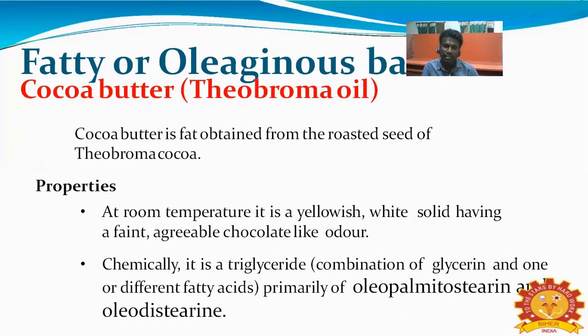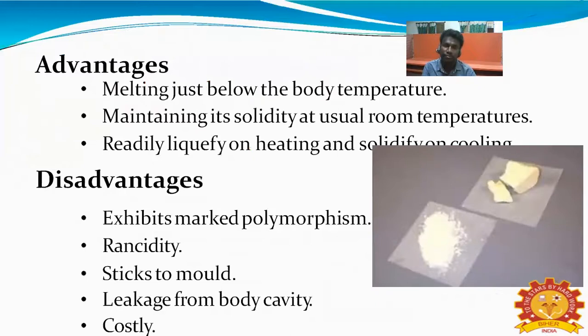Chemically, it is a triglyceride combination of glycerin and one or different fatty acids, primarily oleopalmitostearin and oleodistearin. Advantages: it melts just below body temperature, maintains its solidity at usual room temperature, and liquefies rapidly on heating and solidifies on cooling. Disadvantages: it exhibits marked polymorphism, rancidity, sticks to the mold, leaks from the body cavity, and is costly.